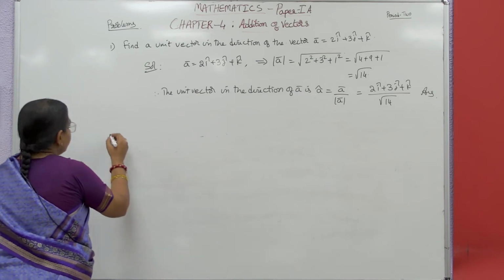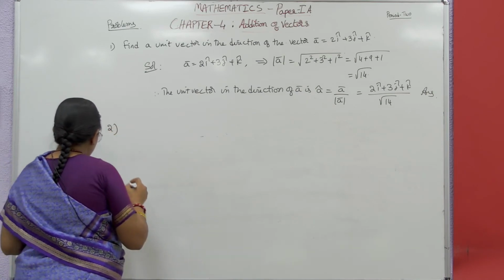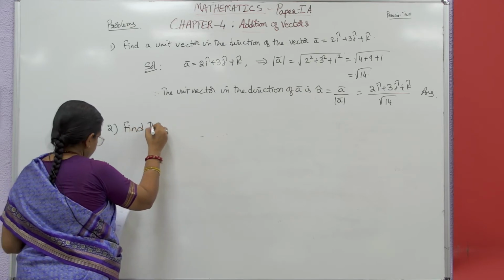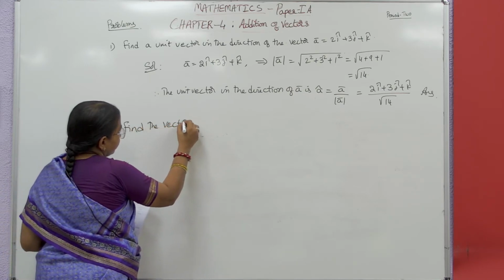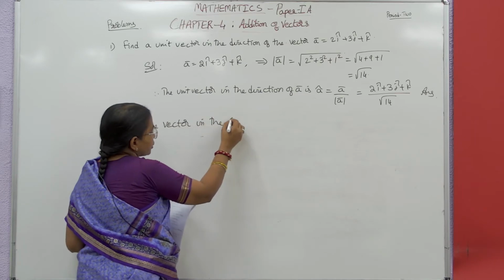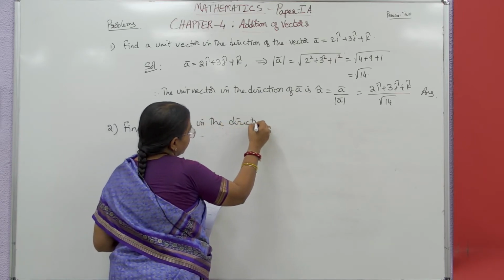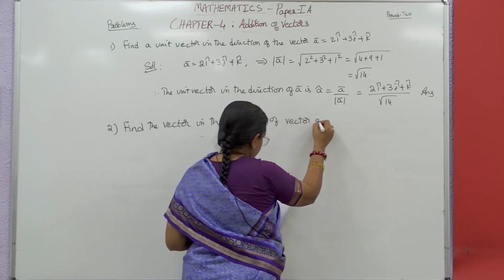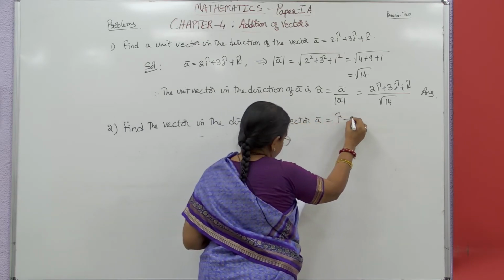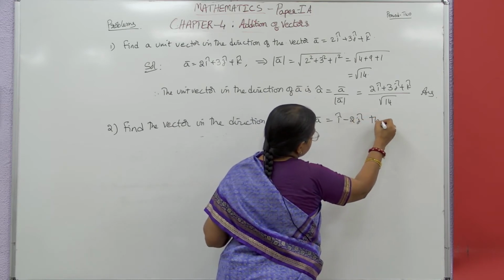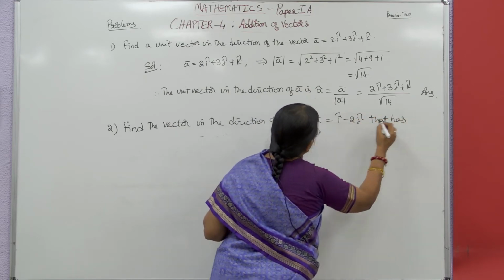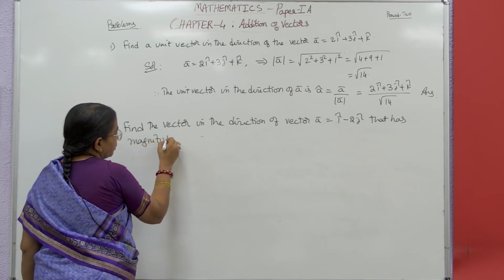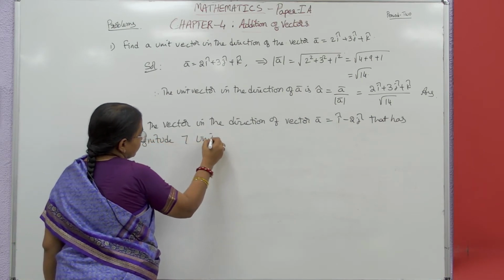Direct problem. The next problem is: find the vector in the direction of the vector A is equal to i minus 2j that has magnitude 7 units.